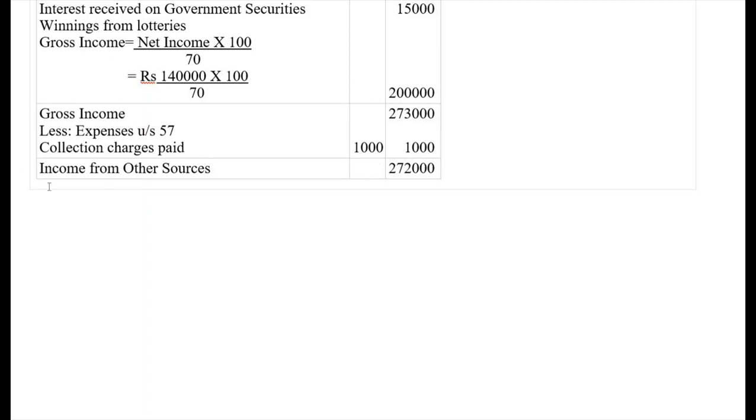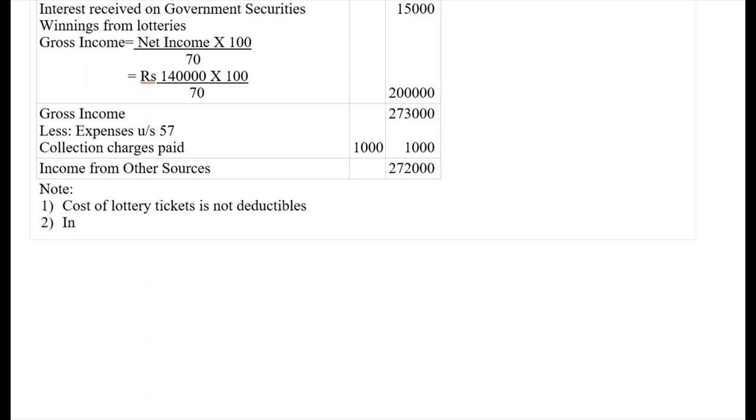Then the notes: we should provide notes. Note number 1, cost of lottery tickets. Cost of lottery tickets is not deductible, as it is a casual income, that's why it is not deductible here.